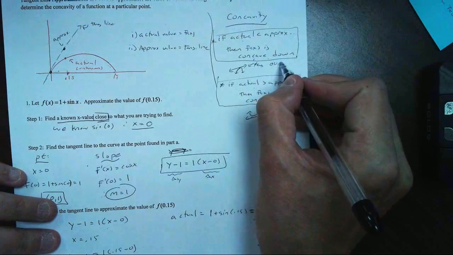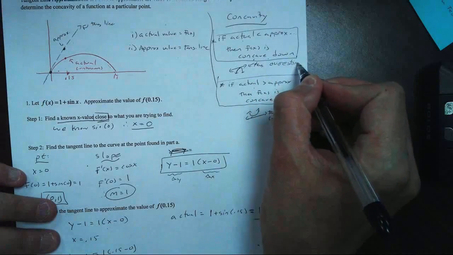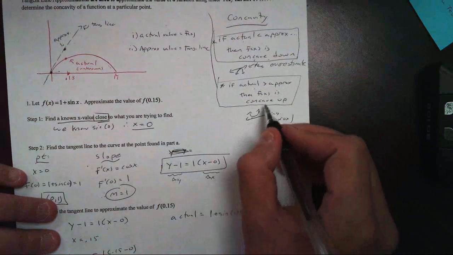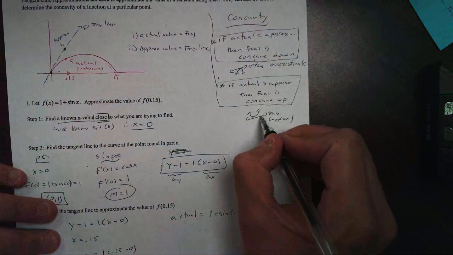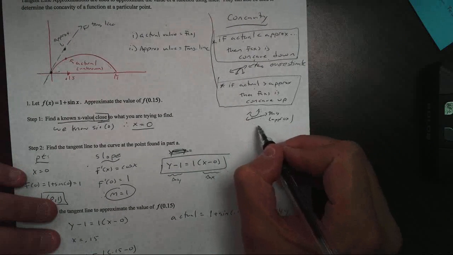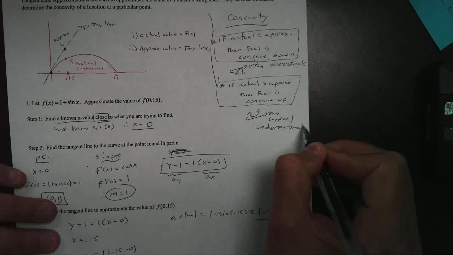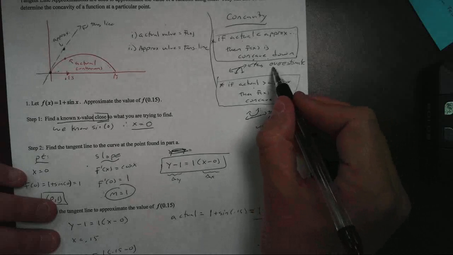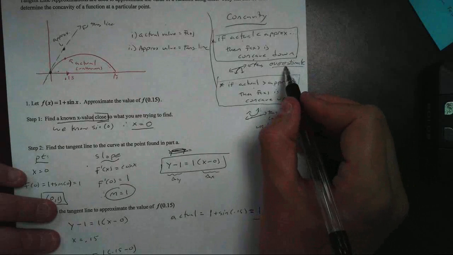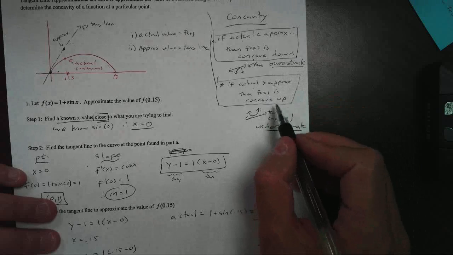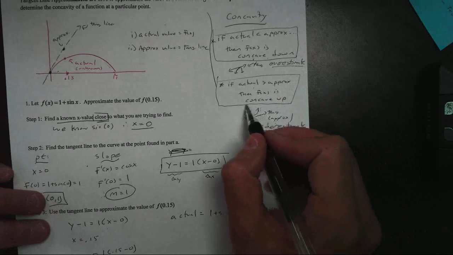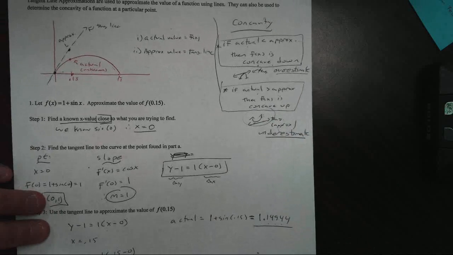This is an overestimate. And over here, where my tangent line is below the function, this is an underestimate. So another way to look at it, if it's concave down, it's an overestimate. If it's concave up, it's an underestimate. Trust me, draw these, it will help you.